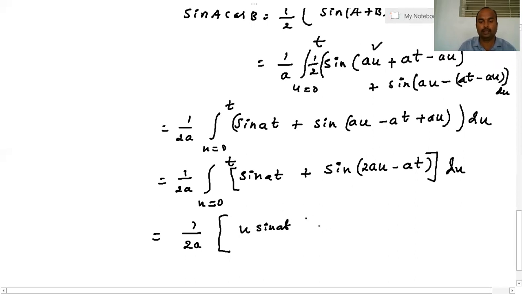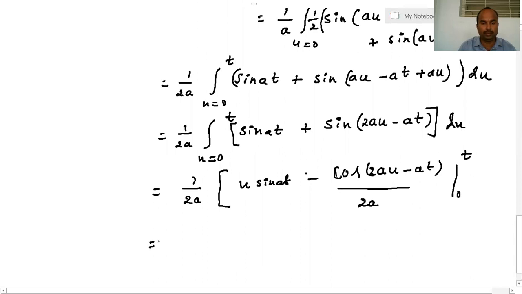Here sin integration will be minus cos(2au minus at). Here we are integrating with respect to u. So coefficient of u is 2a. That we have to write in the denominator. That is 2a. Limits from 0 to t.